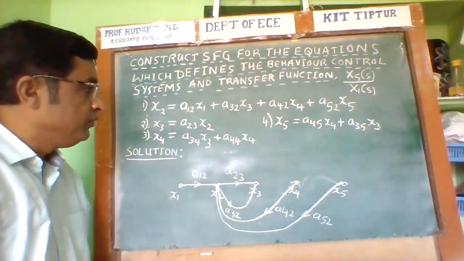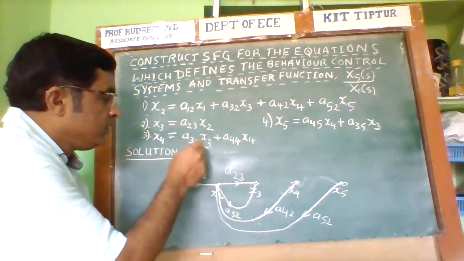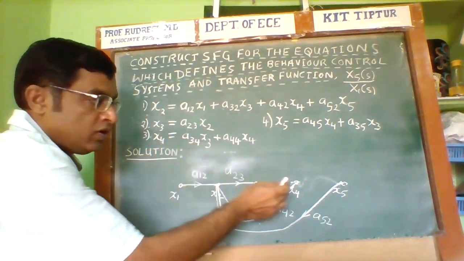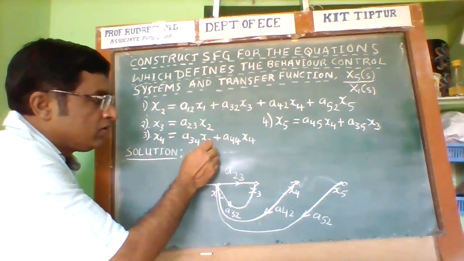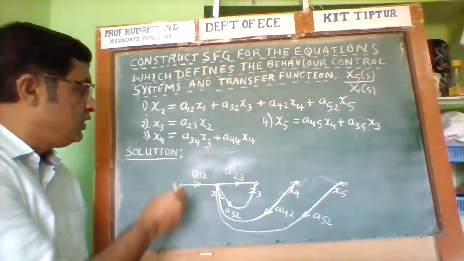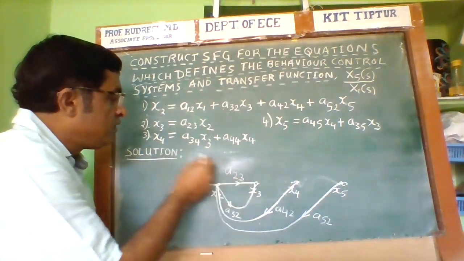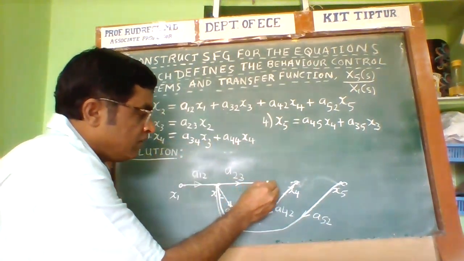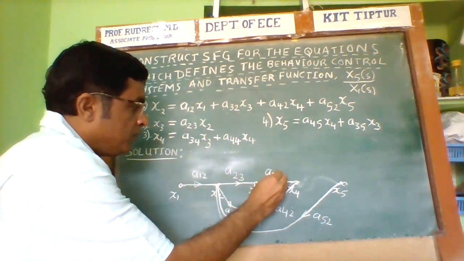Now similarly, consider another equation, equation 3. The LHS is the node, therefore the X4 node. The input of the X4 node is from the X3 node. Then what is the gain? This is the gain A34.